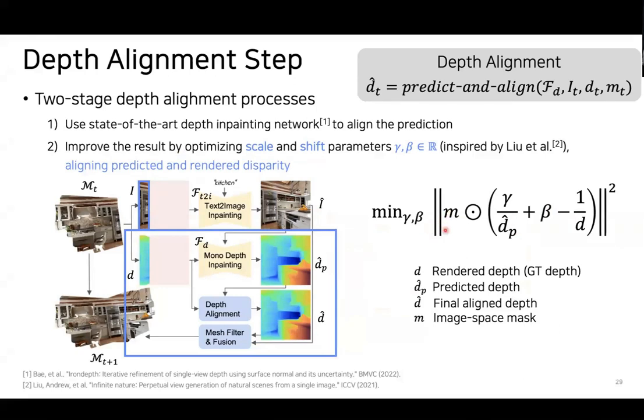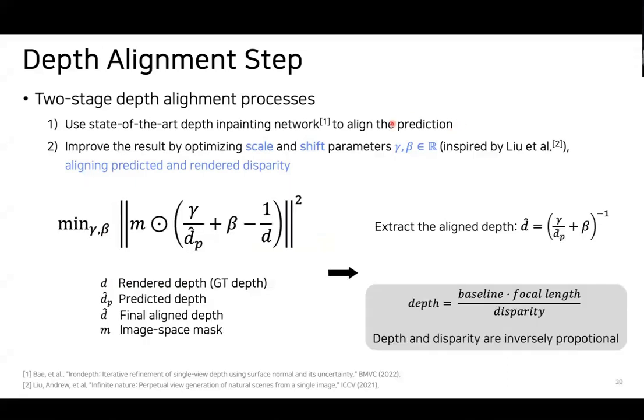We mask out unobserved pixels via the image space mask M. So when we optimize the scale and shift parameters, disparity is used instead of depth. Disparity has an inverse proportional relationship with depth, and I think disparity is used due to potential scale-related issues. And because this is the disparity, the aligned depth is like this, the inverse.